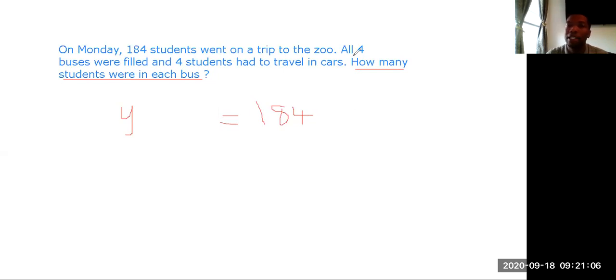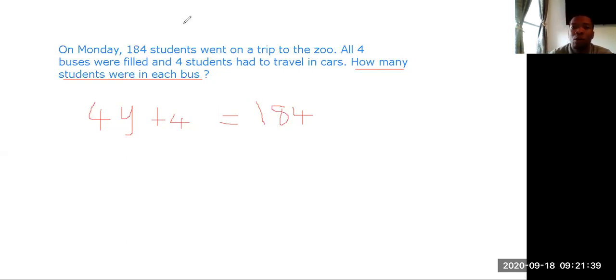There were 4 buses, and it's asking how many students were in each bus. So it's 4 times how many students, the number of buses times how many students. But there were an extra 4 students that went separately in a car. So for 4 buses, I need to figure out how many students are in each, plus the extra 4 students, which is equal to the total of 184 students.